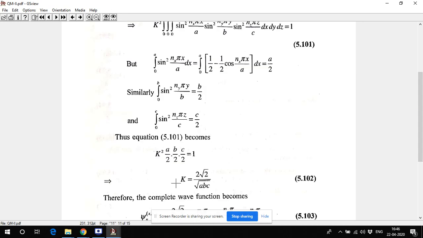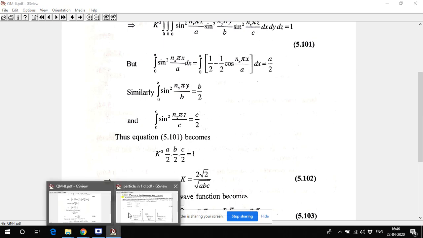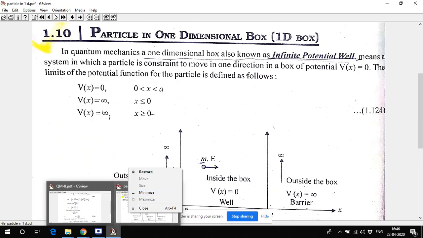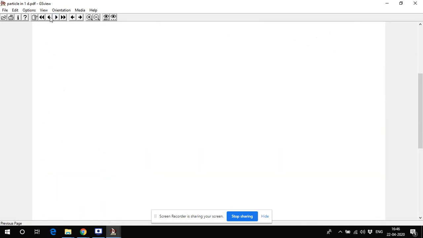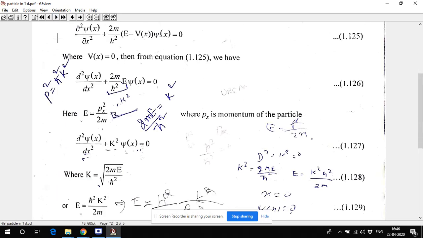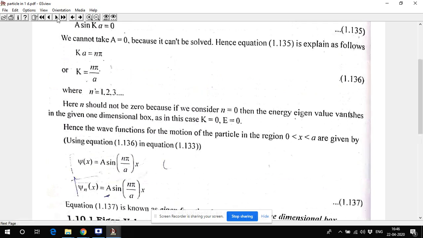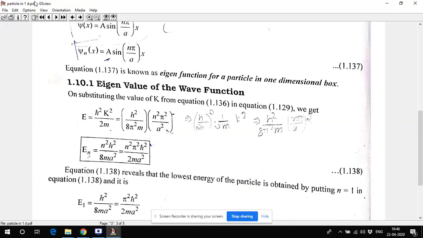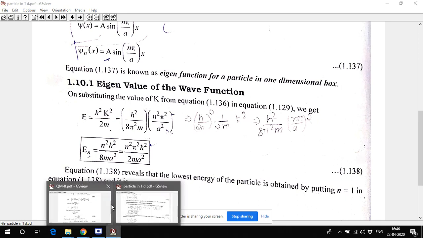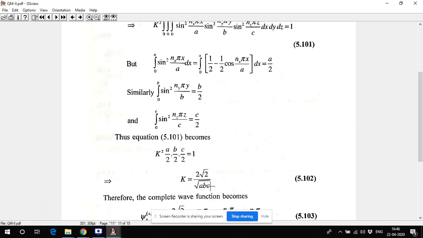I should tell you that in the one-dimensional case, this k was root of 2 by a. We derived this equation of k earlier, and that k comes out to be root 2 by a. So in this way I get root 2 by abc.